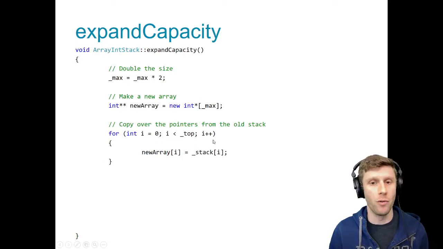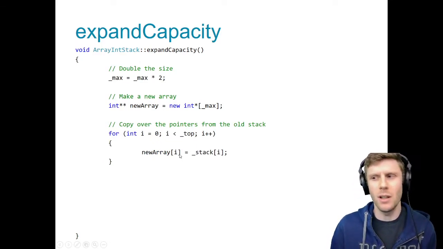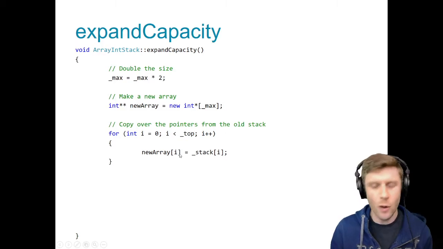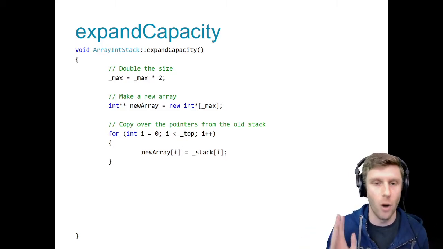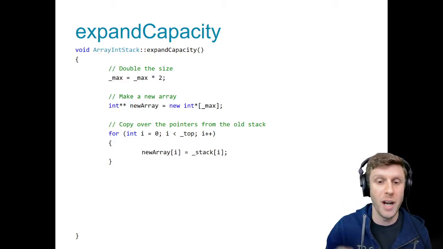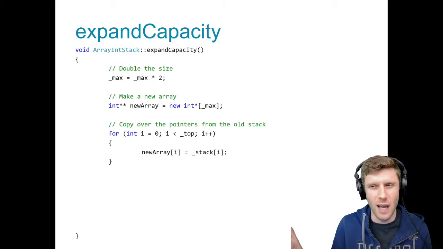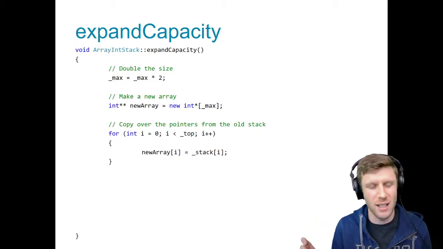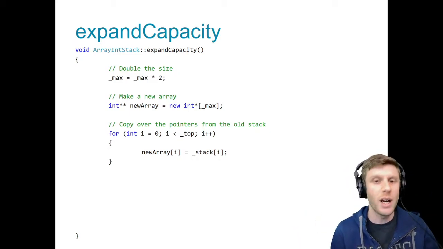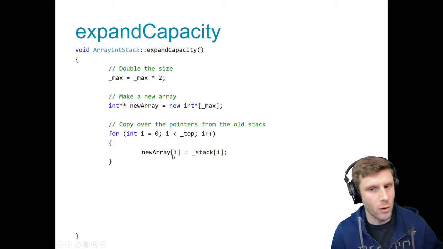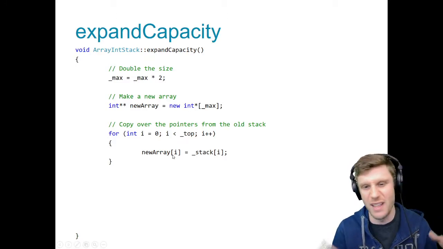Copy everything over. Remember also that we are happy copying over the pointers to the integers that exist somewhere in memory. We don't want to delete them. We don't want to make copies of those integers because that doesn't really make sense here, because we're getting rid of the original array that holds onto the information, the array that's too small.